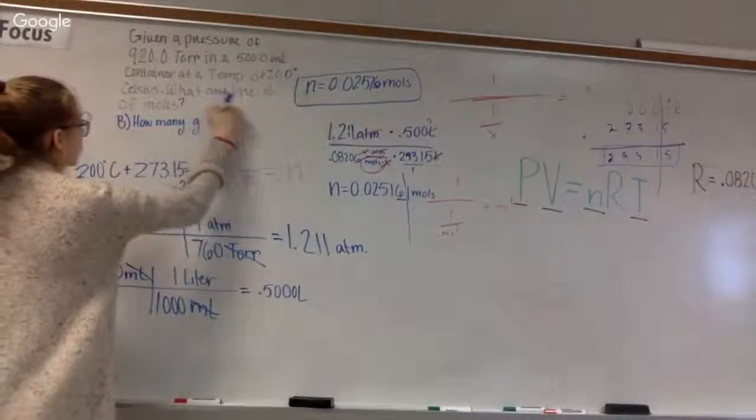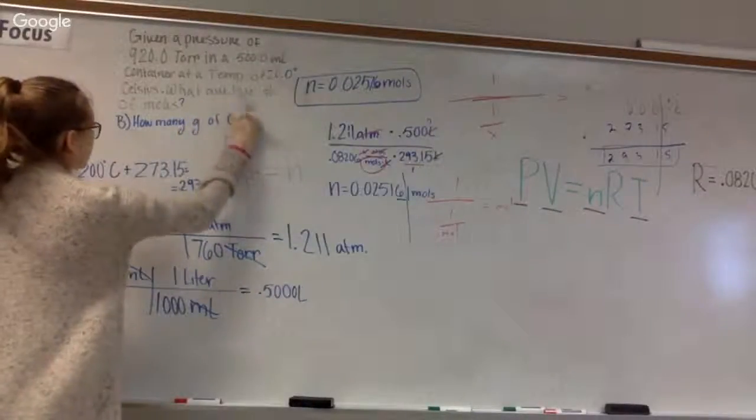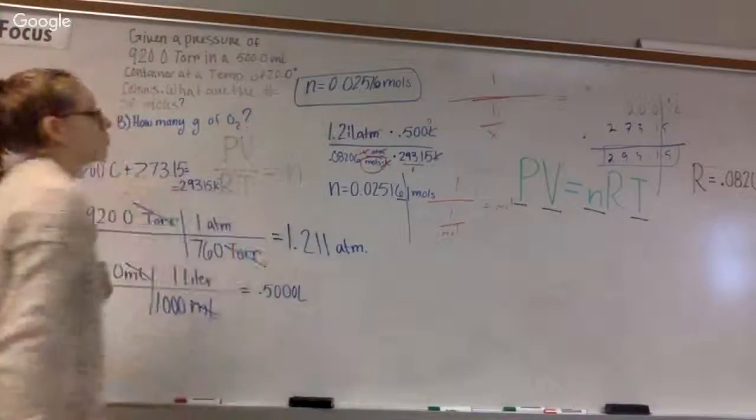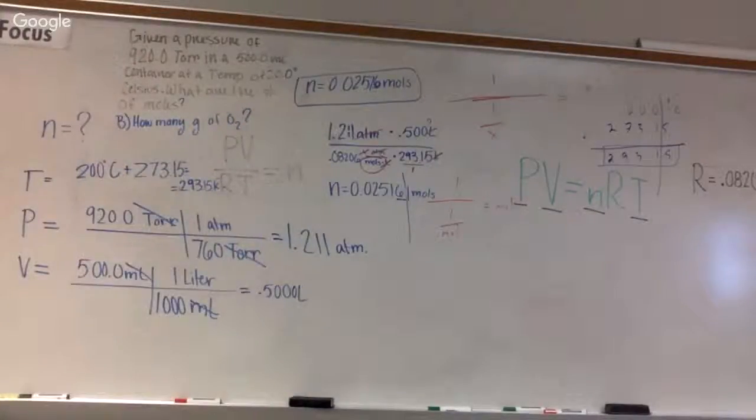I'm going to show you what I mean. You guys see where it says how many moles are there in the original problem? Let's say instead of how many moles, the question said how many grams of O2. Now, watch. In our overall equation, in our PV = nRT equation, is there any place for grams?